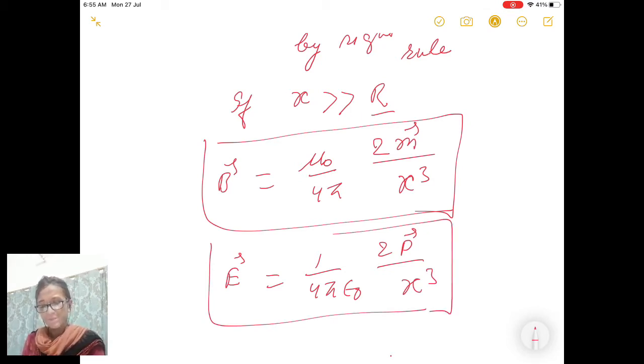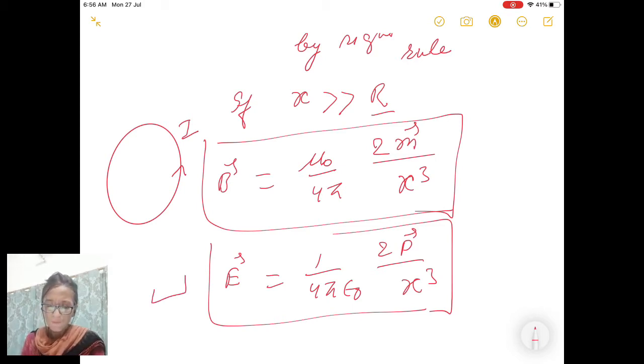The magnetic field produced due to a circular loop carrying current I is analogous to the electric field due to a dipole, a negative charge and a positive charge.